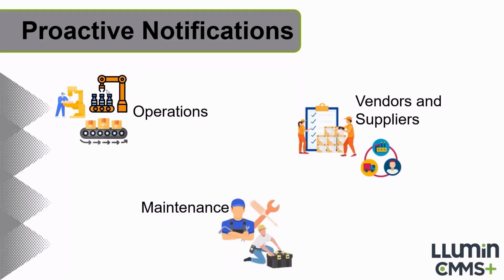So in order to shrink MTTR times, it's not just about notifying the maintenance folks, which obviously that's important, but it might also be notifying folks in operations that an event is about to occur, or work order is about to occur. It also might mean notifying third-party suppliers or contractors or other personnel, EHS personnel or whatever.